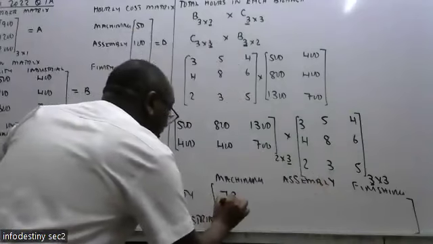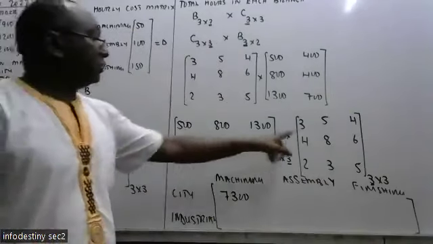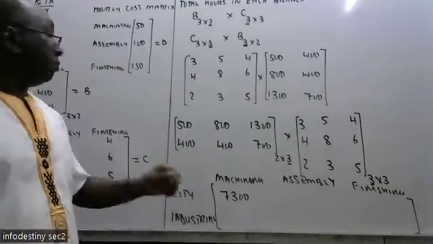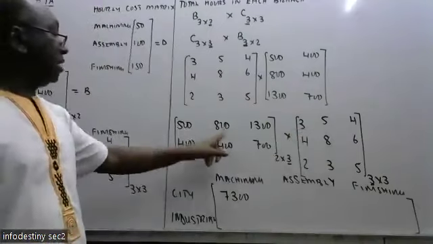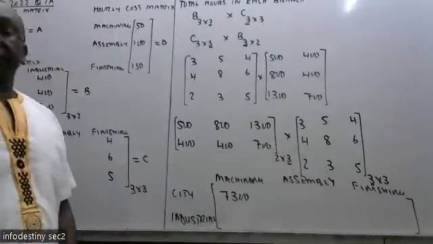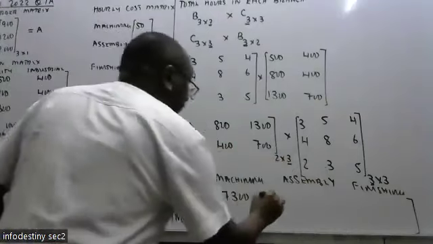So 7,300. Turudie hapa 500 times 5 plus 800 times 8 plus 1300 times 3. $12,800.